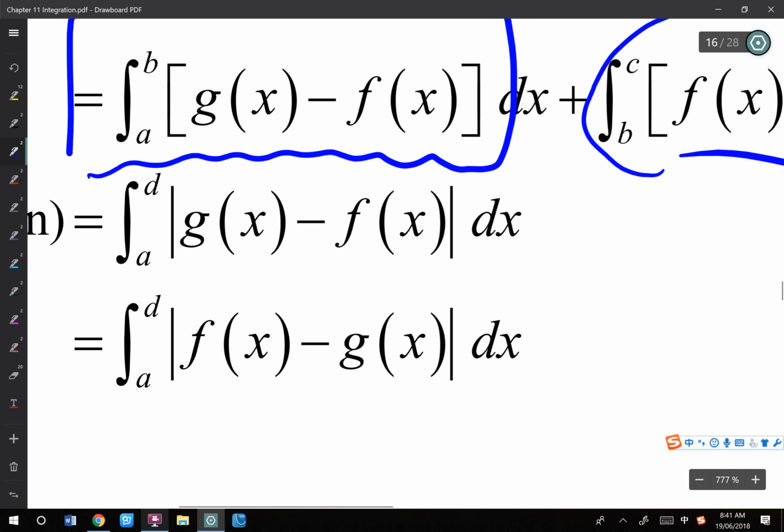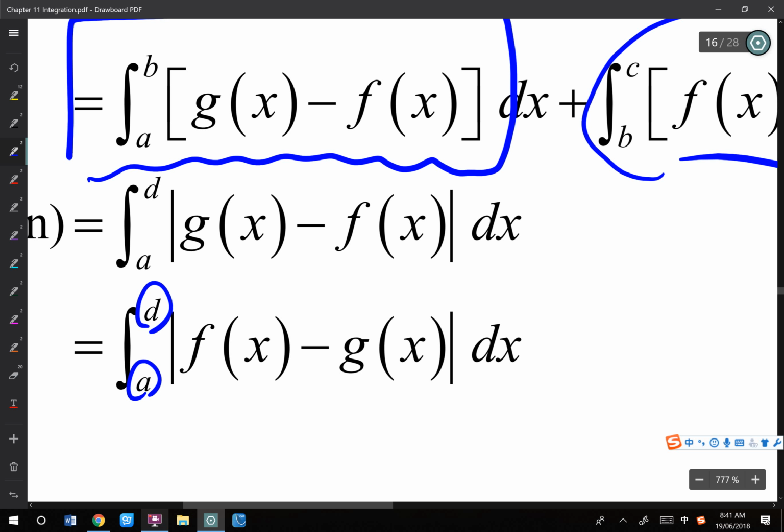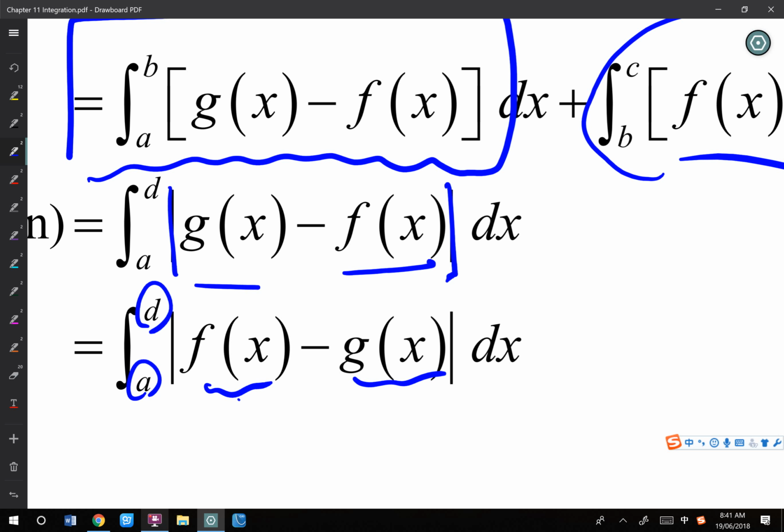I know I start from A and finish at D, and I don't know what happens in between. I just use one function minus the other and take the absolute value. Or I can use f(x) minus g(x) and then take the absolute value. That will give me the area shaded between the curves from A to D.